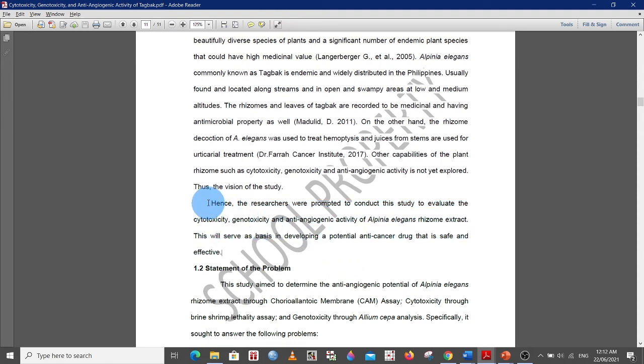So ang tawag ani is plan of attack. Hence the researchers were prompted to conduct this study to evaluate the cytotoxicity, genotoxicity, and anti-angiogenic activity of Alpinia elegans rhizome extract. This will serve as basis in developing a potential anti-cancer drug that is safe and effective.